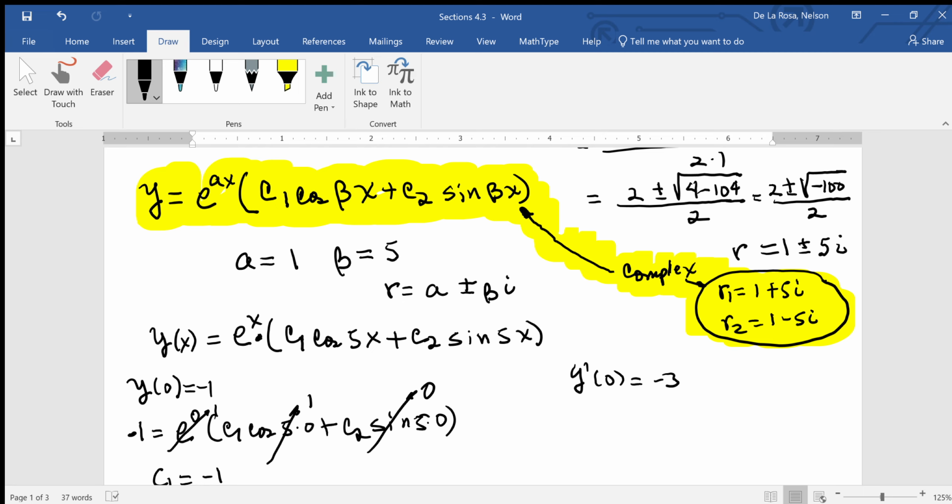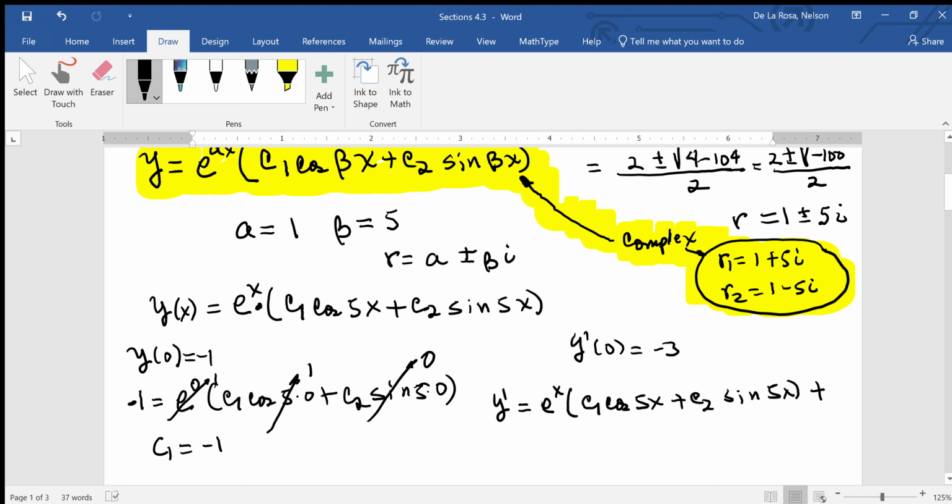So y prime is the derivative of the first, which is e to the x, times the exact same second function, plus the derivative of the second function.